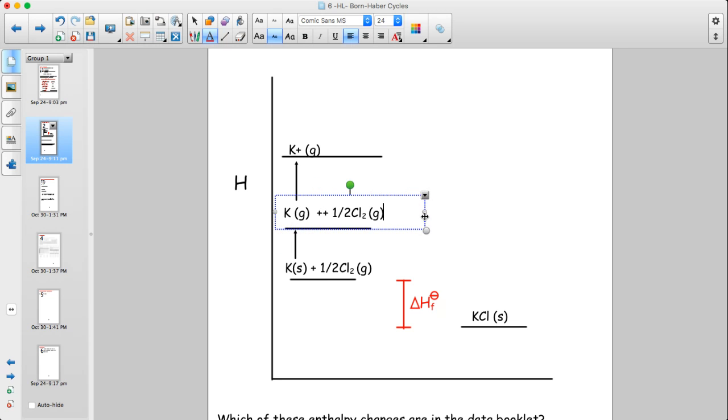Essentially, all I'm doing is I'm taking those exact same enthalpy changes we just talked about with simultaneous equations, and I'm now trying to represent them a little bit more graphically and visually with an enthalpy level diagram. So this first change was the atomization enthalpy. Second change was the ionization energy.